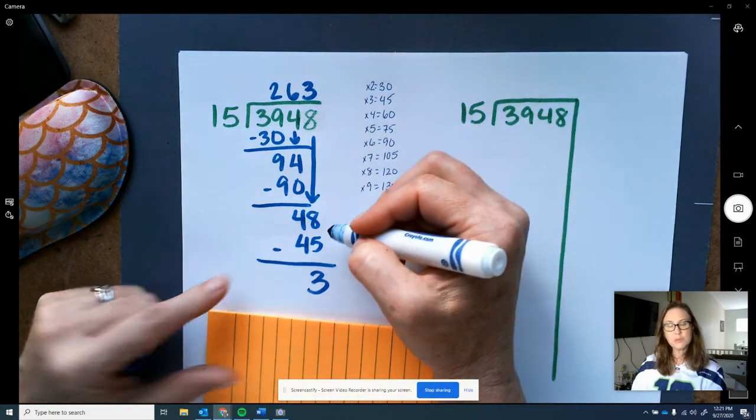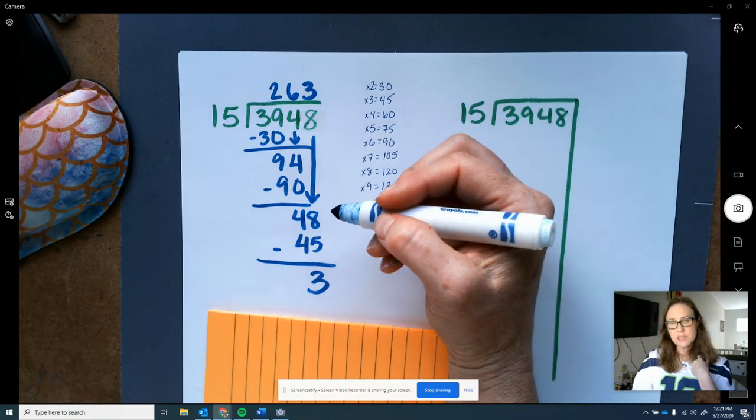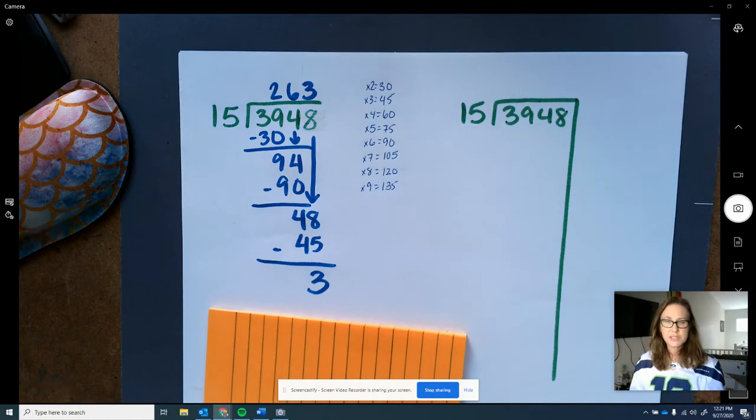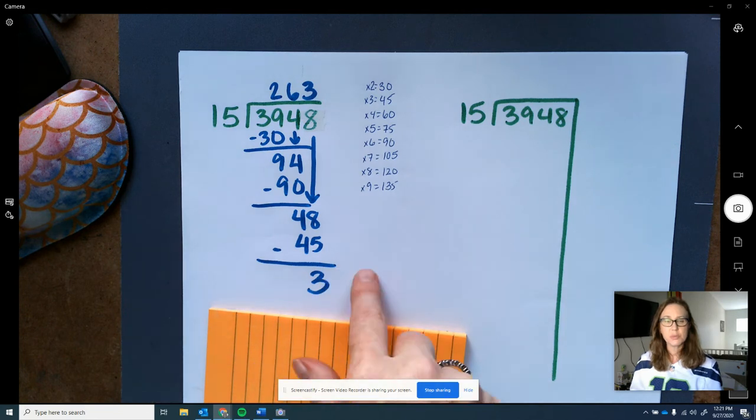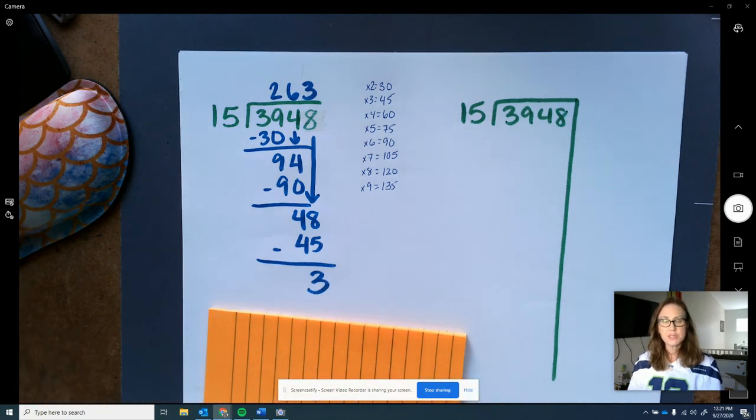I don't have anything left to bring down, so this is where you have a remainder you're going to have to deal with. In 5th grade, 4th grade, when you had remainders, oftentimes you would just write the letter R and the 3, but you're in 6th grade now, so we are going to be learning how to handle those in a different way. We're going to be ending these division problems with remainders, with fractions, or with decimals.